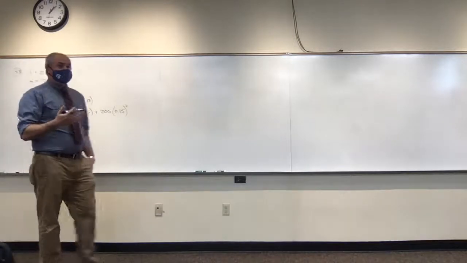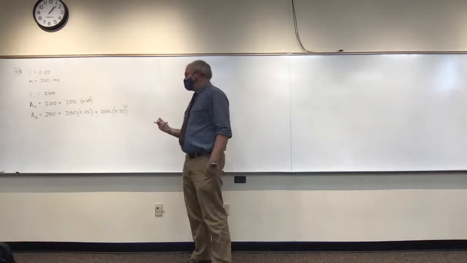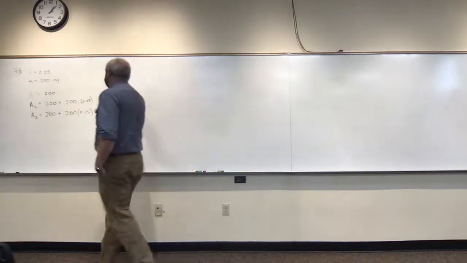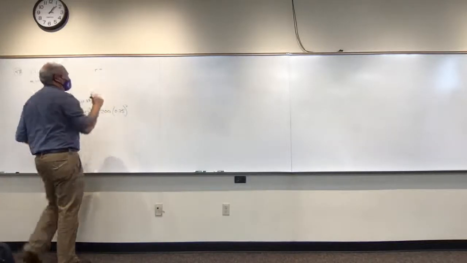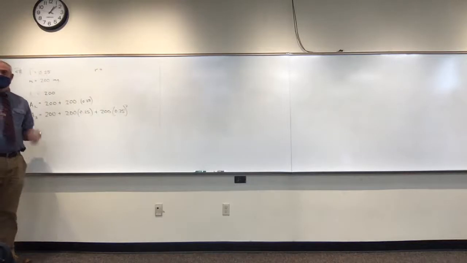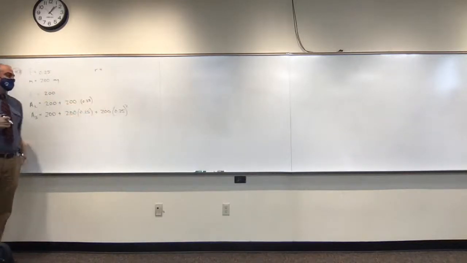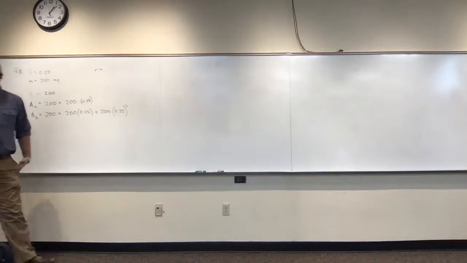Do you agree that this is geometric? So this is a geometric series, and what is my R in this case? What's the ratio that we multiply by every time to get to the next term of the series? It's 1/4 or 0.25.